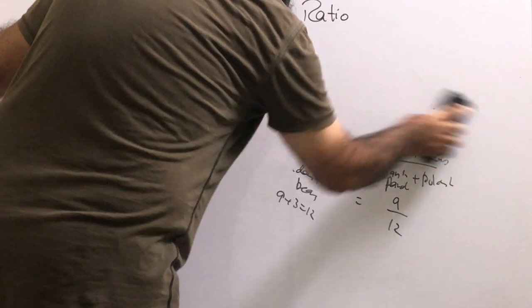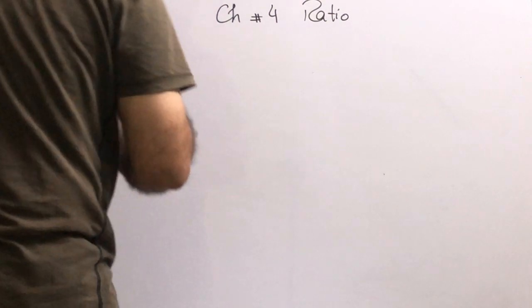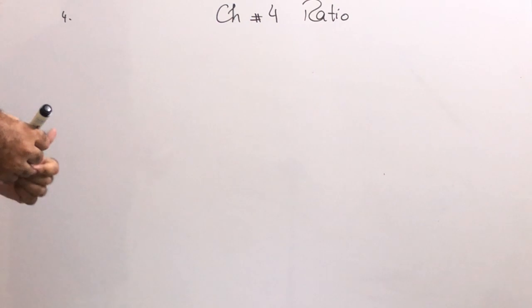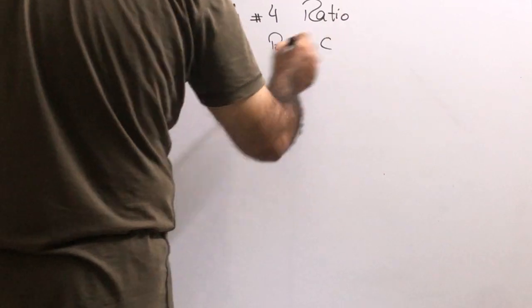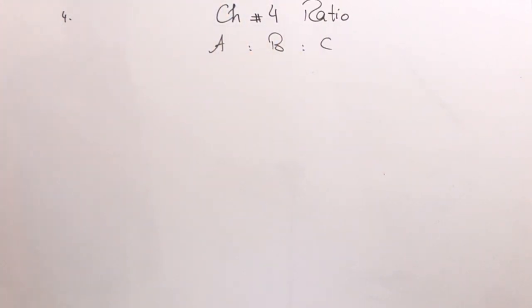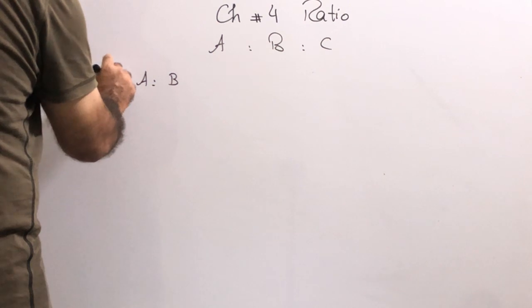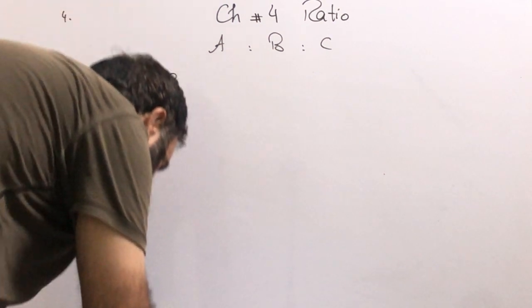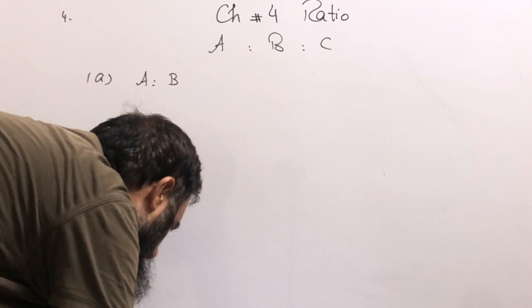Now we are still on the same page. We'll move ahead. Question number 4 says compare the amount of water in beakers A, B and C. There is a beaker A, B and C. Part A, the ratio of the amount of water in beaker A to the amount of water in beaker B. So the first one is A to B. In the diagram, in beaker A we need to read the reading.